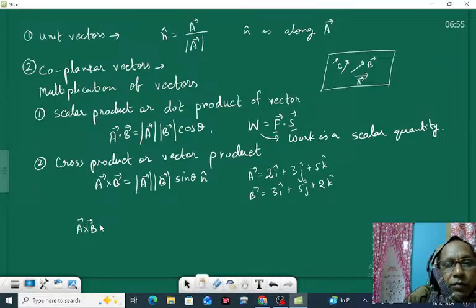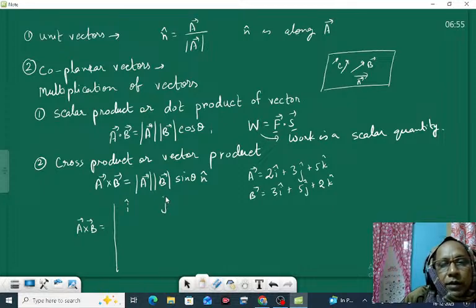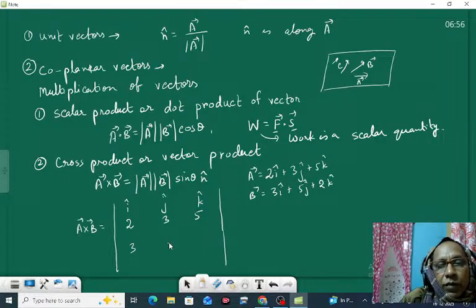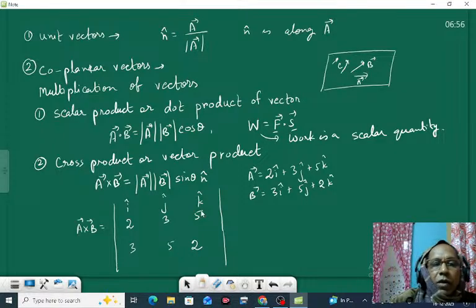The determinant has the i vector, j vector and k vector, then 2, 3 and 5, and 3, 5 and 2. We know how to find the determinant.